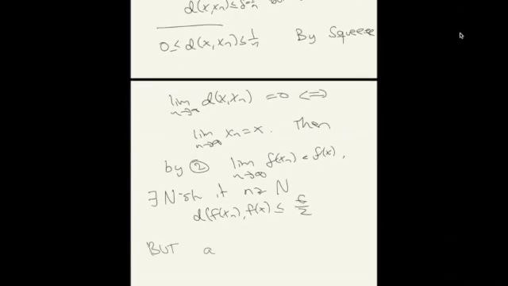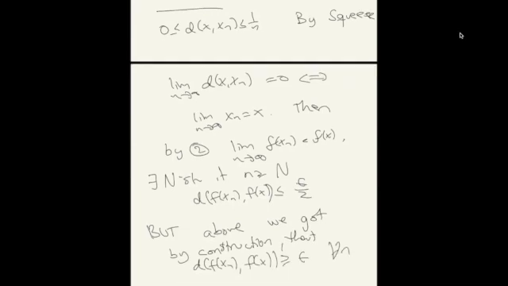But above, we got, by construction, that distance of fxn to fx is bigger than or equal to epsilon for all n, in particular for all n bigger than or equal to capital N.